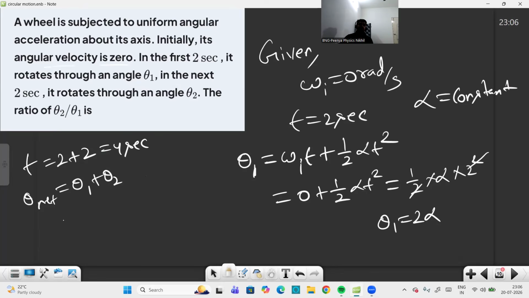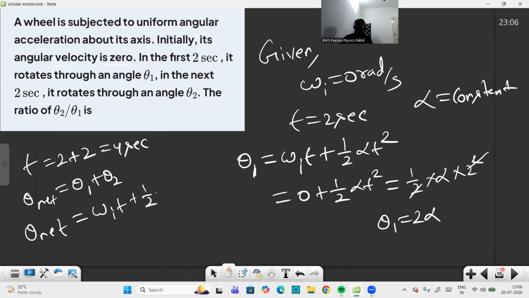Correct. So here it is asking the ratio of theta 2 by theta 1. So again we will relate, we can write theta net equals to omega initial into t plus half alpha.